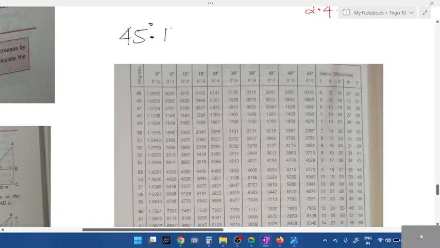For your syllabus, you don't have 45.1, 46.1, all those things. You'll just have rounded figures, whole numbers: 45, 46, 47. That's the reason you have to take 0.0. Can you see this 0.0, all of you? So, what is the 45 angle? You have to take 0.0. What's the answer? 45 is 1.